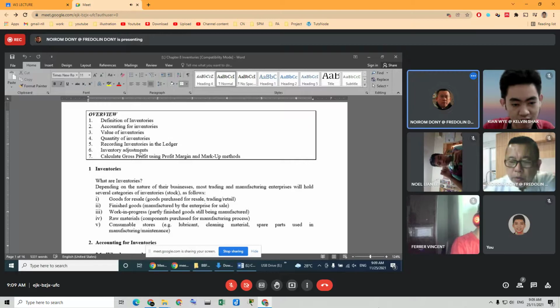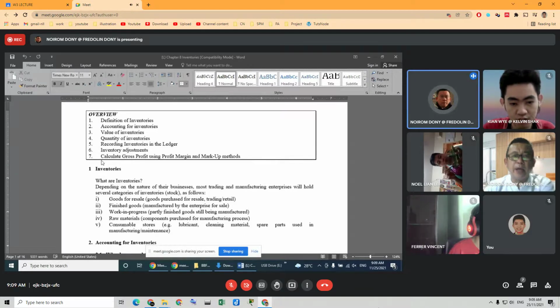If they are the seller, they have to add all the inventory that is being delivered to customers. But if the business entity is the buyer, then they have to exclude the inventory, because during the inventory count, they have included those goods that are on consignment basis. So that is why at the end of the year, we have to do inventory adjustment after consideration of all these goods on consignment basis.